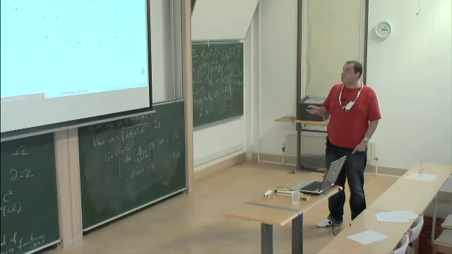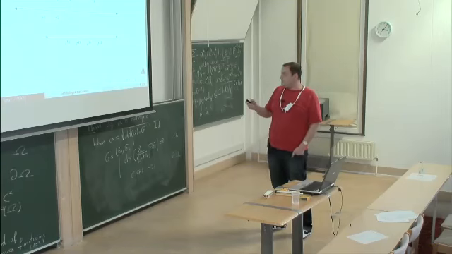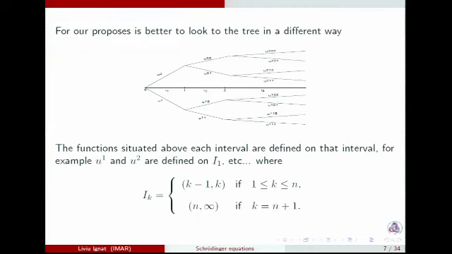So now we define z1, z2 from 0 to infinity. The second generation we define from 1 to infinity and so on. And this expression here means the following. If you look at z1, z1 will be equal to u1 on 0, 1. Here will be the average of these two, those two, and here will be the average of the four functions here. z22 is equal to u22 on this interval, and in this interval here is the average of these two.